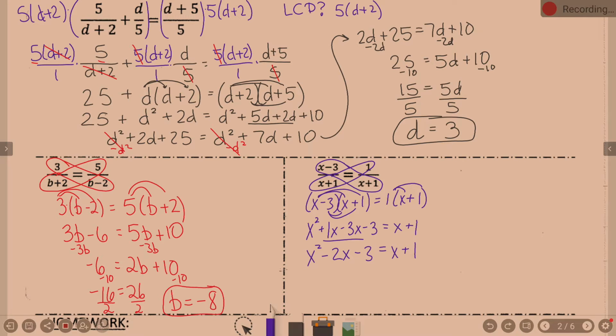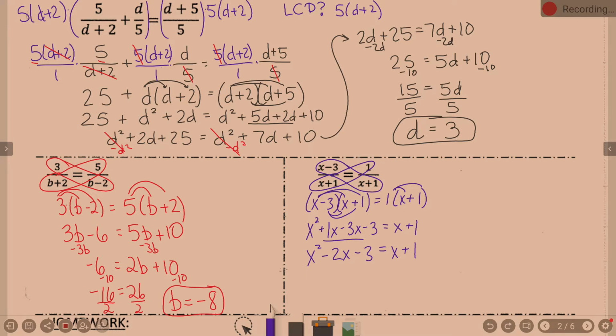So x squared minus 2x minus 3 equals x plus 1. So you can do parentheses. Not yet. You want to save the parentheses for after you have gotten the equation to equal 0.